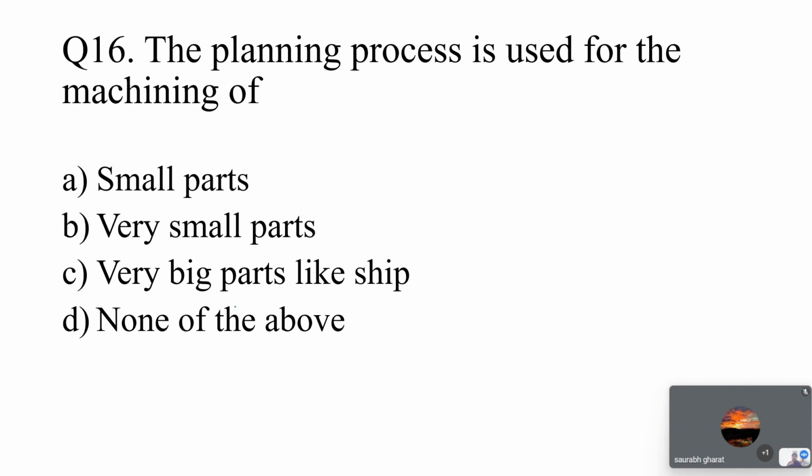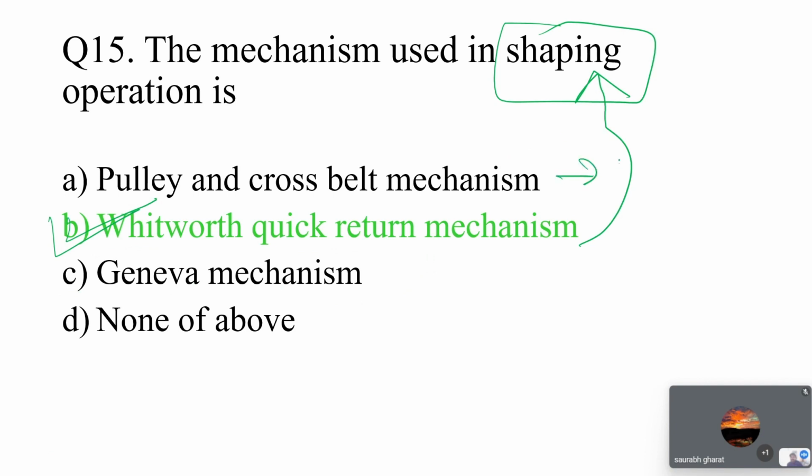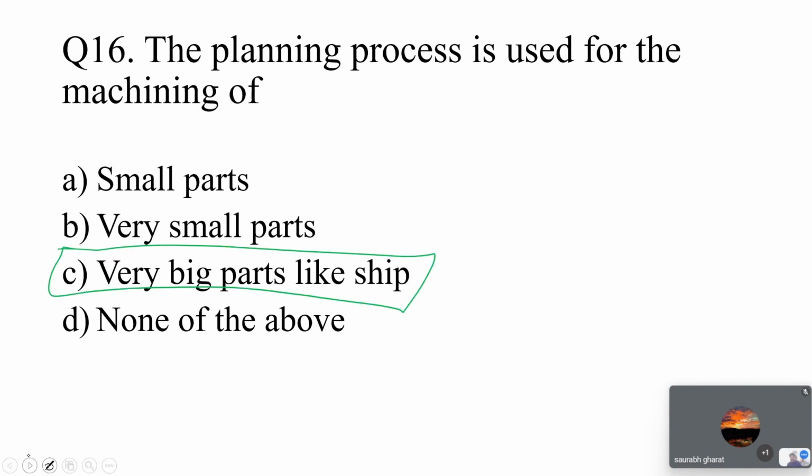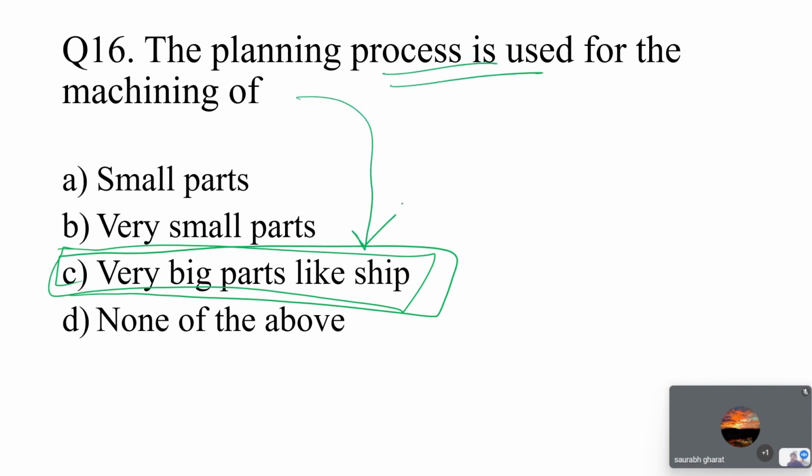So the planing process is used for machining of very large workpieces, like the professor told, and there the mechanism is the cross pulley belt mechanism, which I mentioned is used for the planing operation. Planing is used for machining very big parts, like a ship.